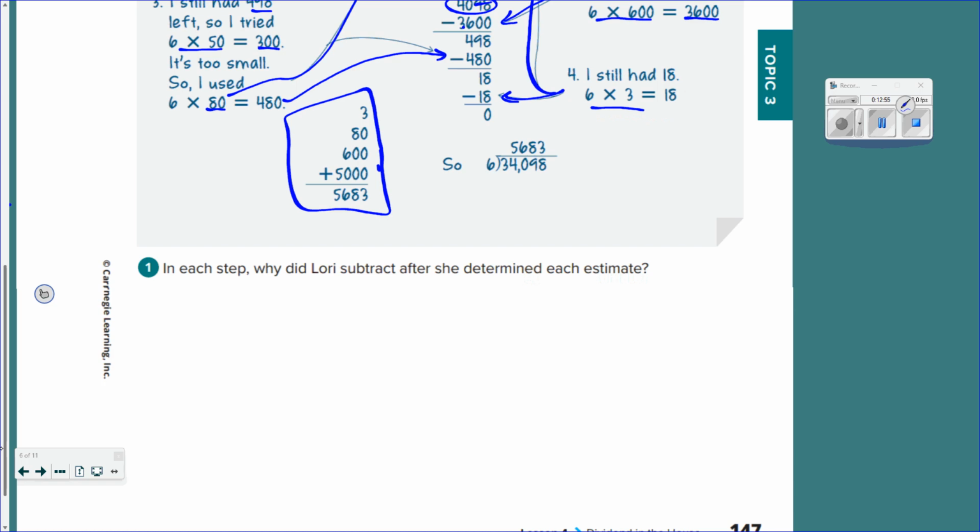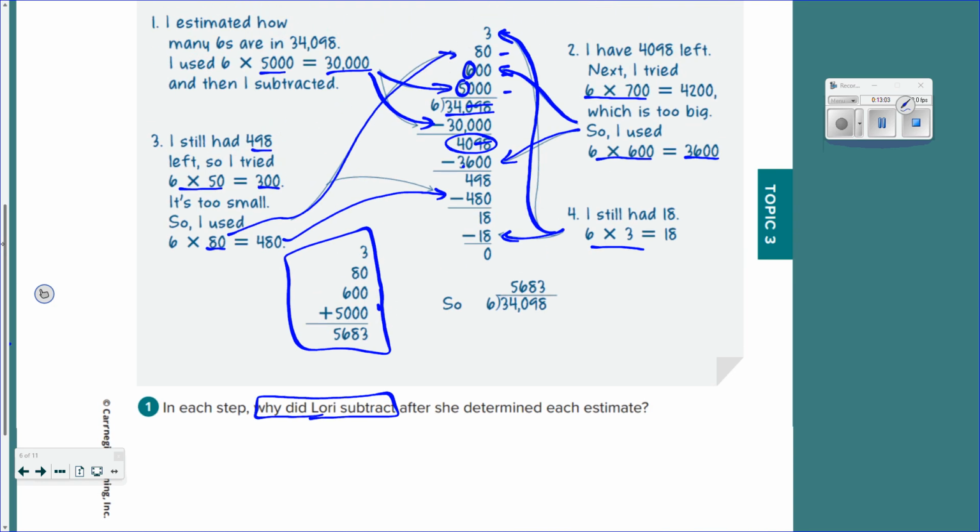In each step, why did Lori subtract after she determined the estimate? As she estimated, why did she subtract her estimation? Well, apparently DJ and I are having a conversation today. DJ?